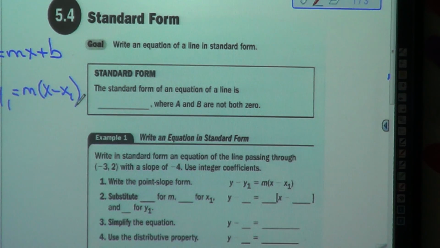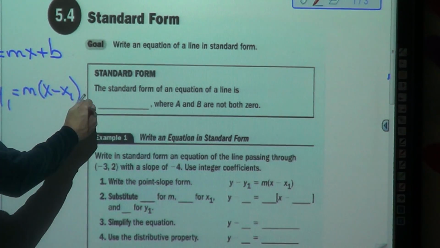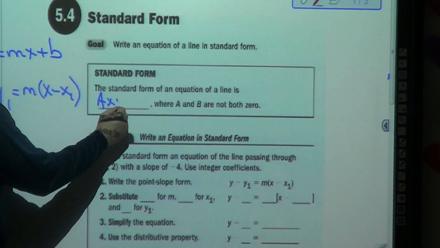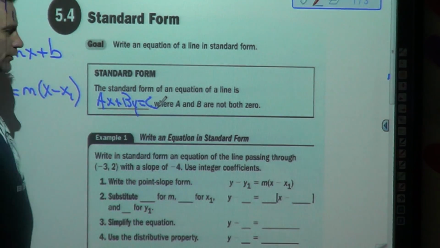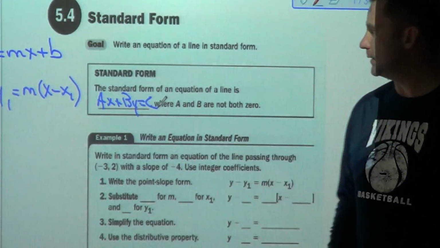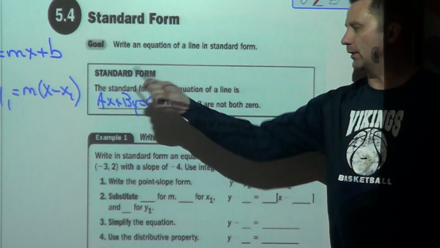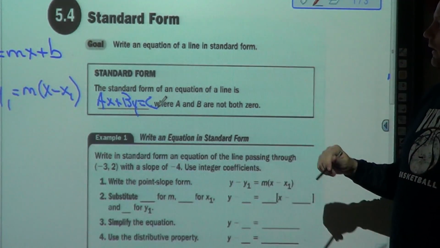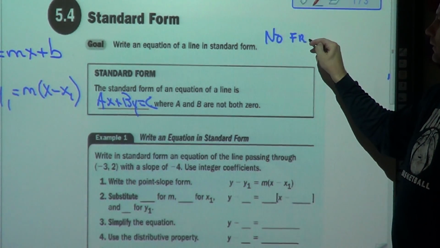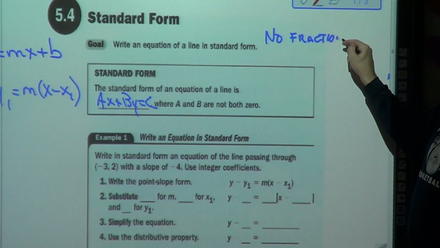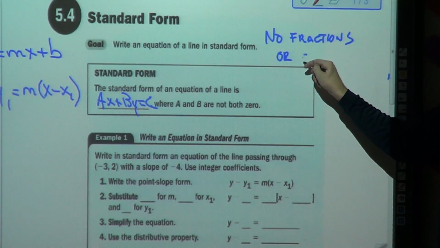Standard form of an equation of the line is Ax plus By equals C. Now there are some conditions for A, B, and C, and that's why they're written with capital letters and not little a, little b, little c. First rule is no fractions or decimals.